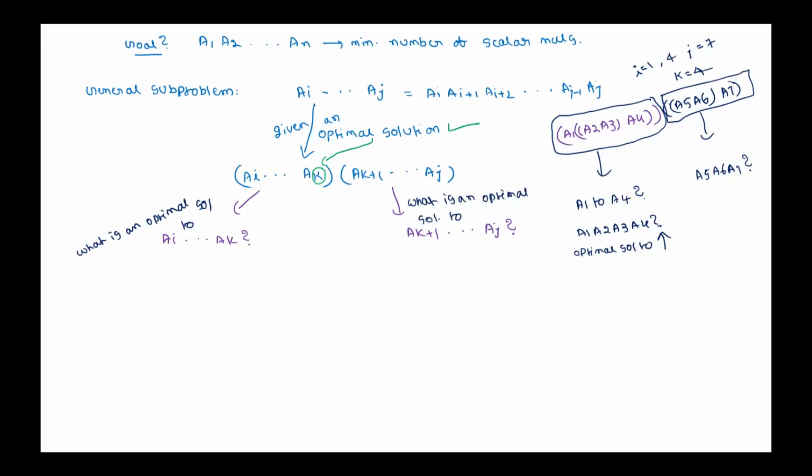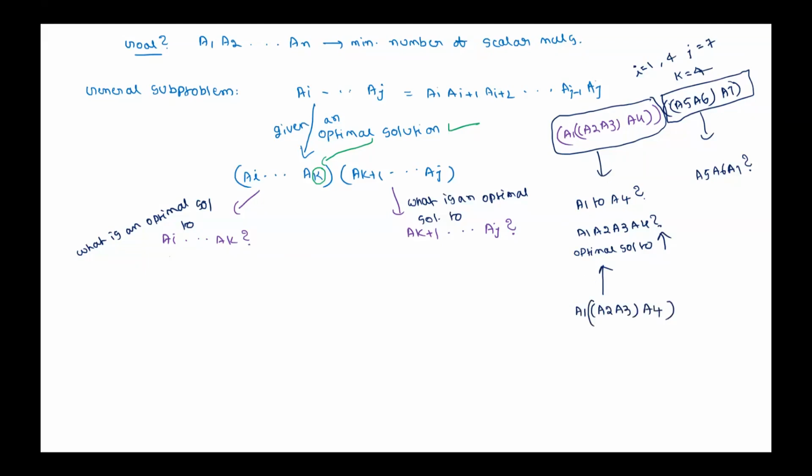What can you say about the optimal solution to, in this case, A1 to A4? Now my argument is, whatever procedure they followed in order to compute A1 to A7, up to A4, that itself is the optimal way to find the product A1 to A4.